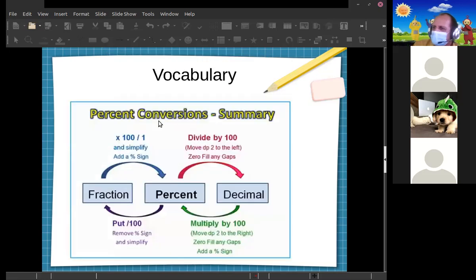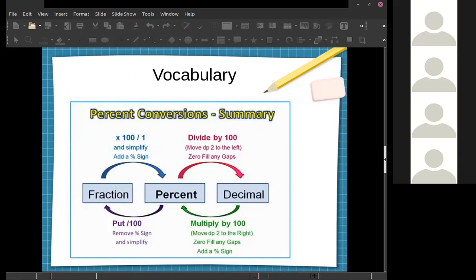To convert numbers from fraction to decimals, you first go from fraction to percentage and from percentage to decimals. And the opposite way is the same. I convert the decimal into a percentage first, and then from the percentage I go to the fraction.